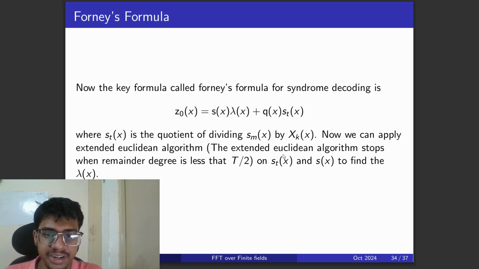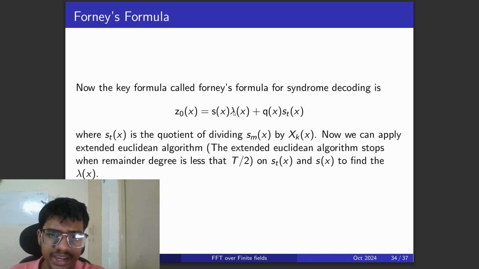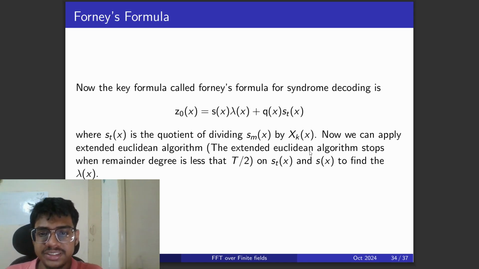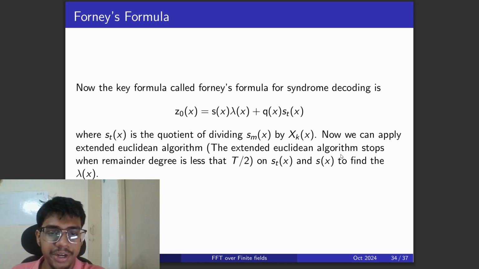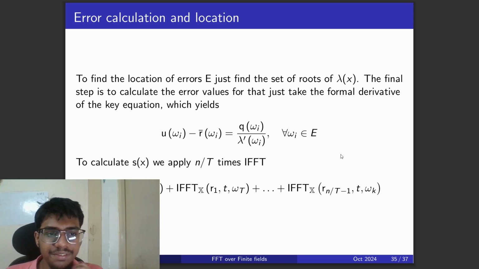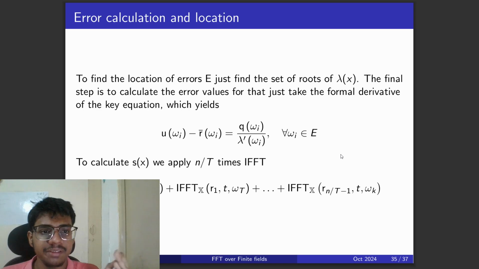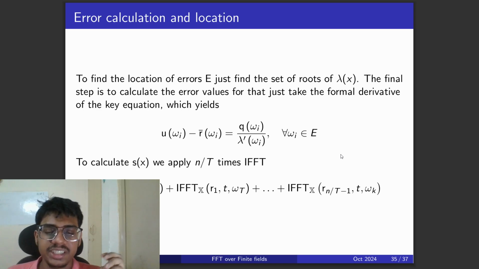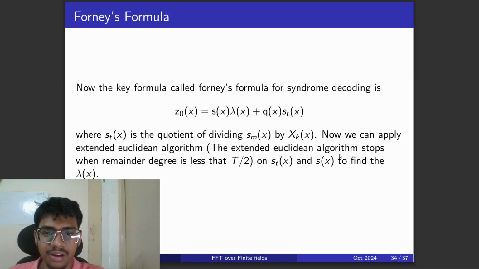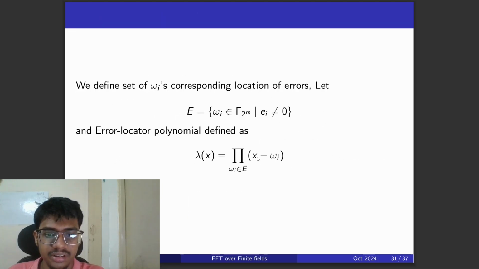So we will use the extended Euclidean algorithm for st of x and s of x. And for the extended Euclidean algorithm, our remainder polynomial degree should be less than t by 2. By this we can find our error locator polynomial. If we have found our error locator polynomial, then we can find the location of errors, which is just the roots of lambda x, as we have discussed.